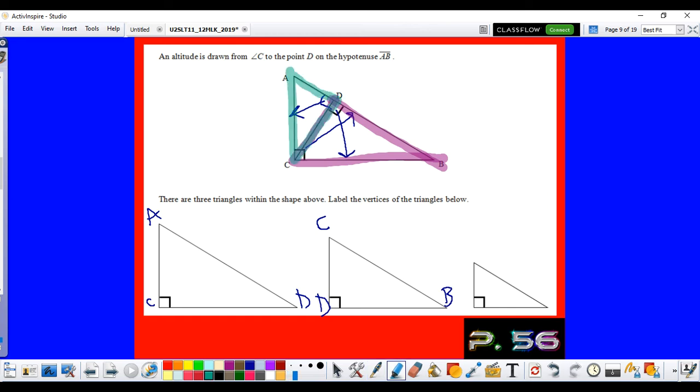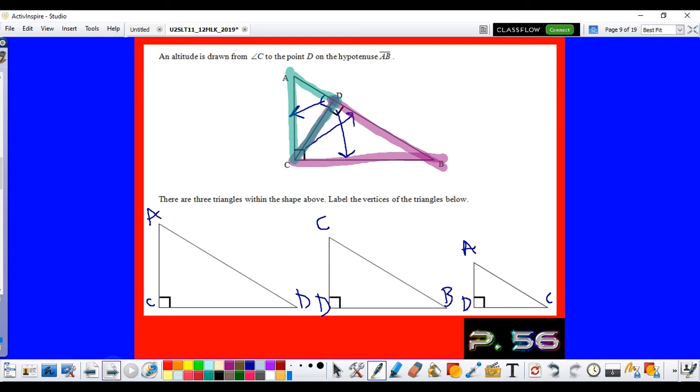Again, our right angle is still going to be labeled angle D, but then the shorter leg takes us over to A, and the longer leg goes up to C. So as long as you can see that, you can now tell that we have three triangles that we're going to be using.